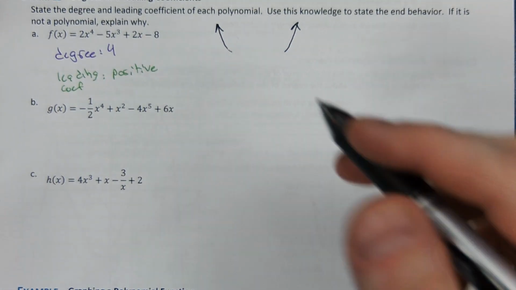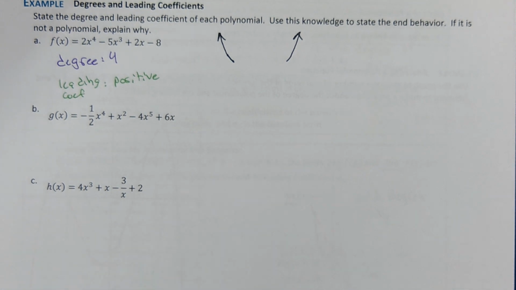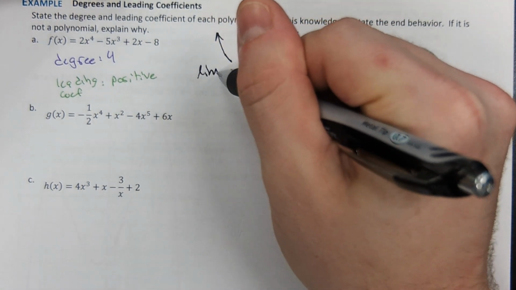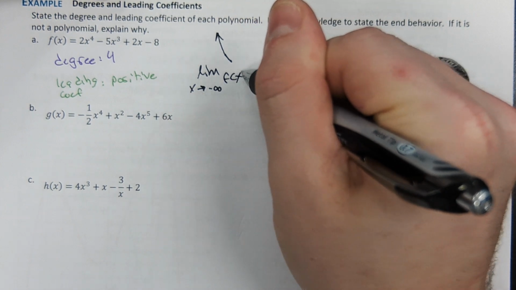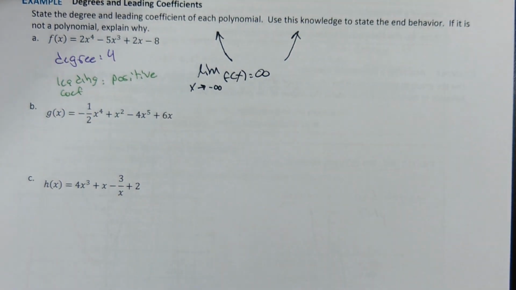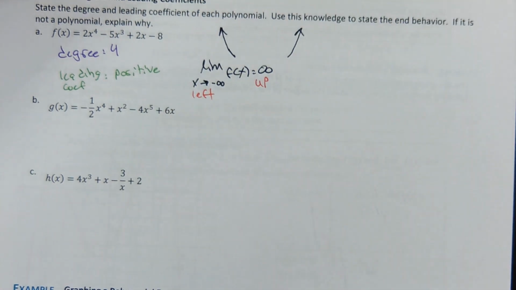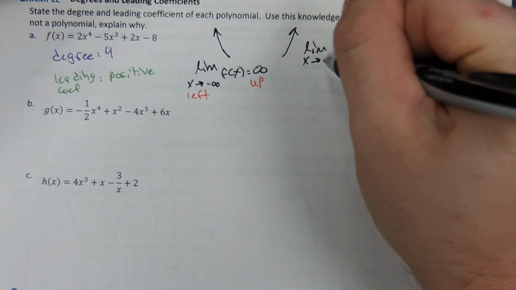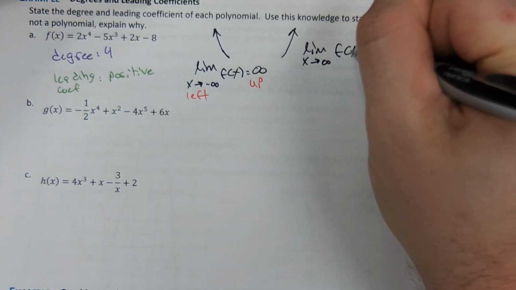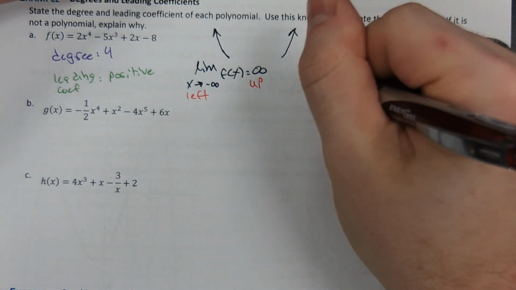There you go. Both up. Let us write our end behavior using limit notations then. That's left. That's up. That's right.